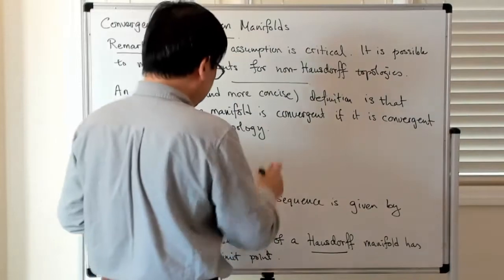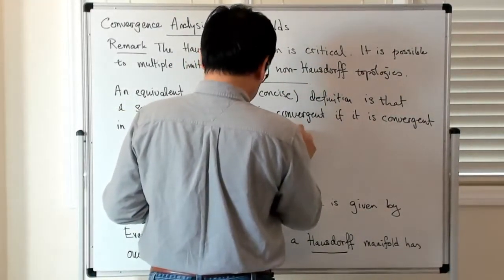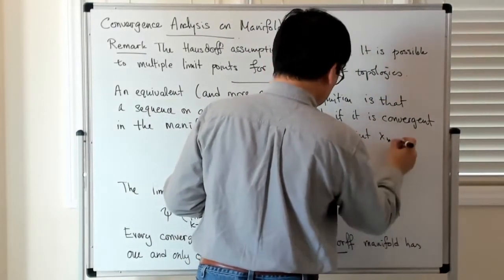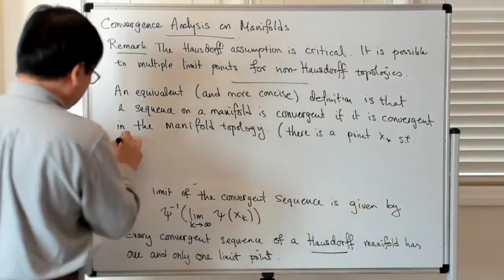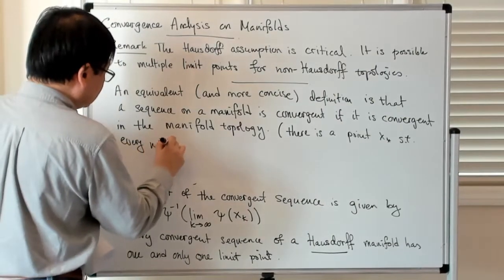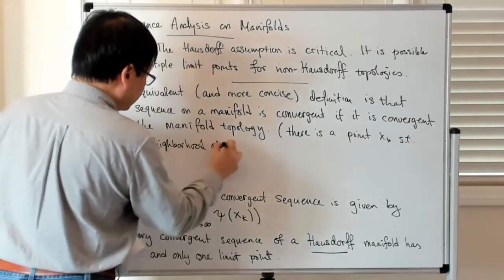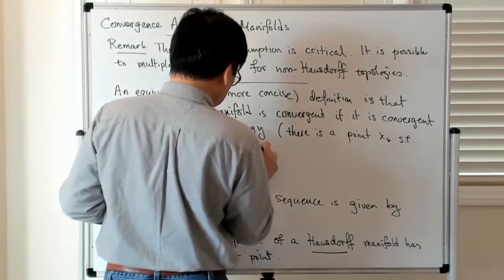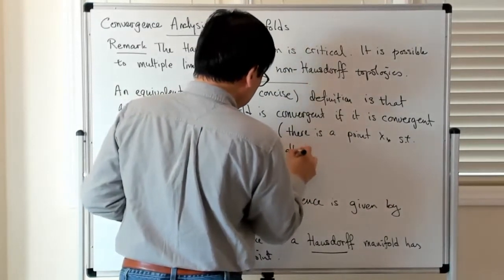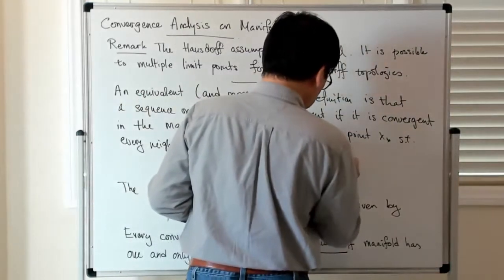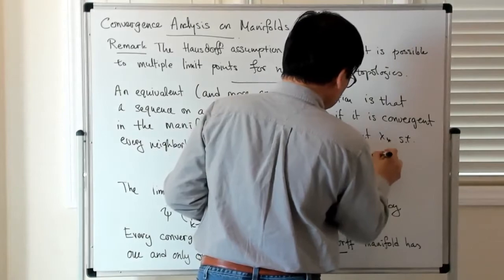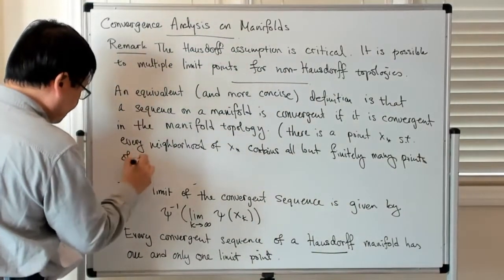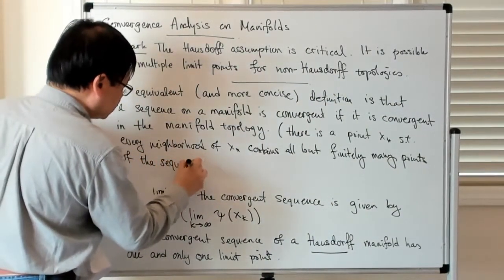Okay, so this is basically saying that there is a point x star, such that every neighborhood of x star contains all but finitely many points of the sequence. All right.